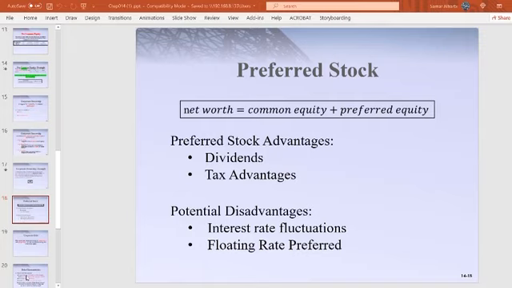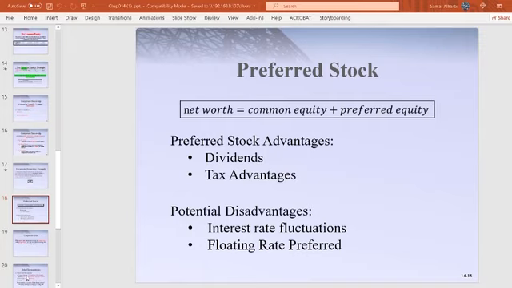As per the tax rules in the US, if one company buys another company's stock, for example, Google is buying Apple stock and Apple gives dividends, the whole dividend is not taxable. Only 30% of the dividends is taxable. This is a tax rule in the US to promote companies buying preferred stock of other companies.